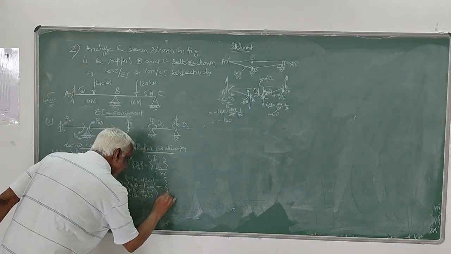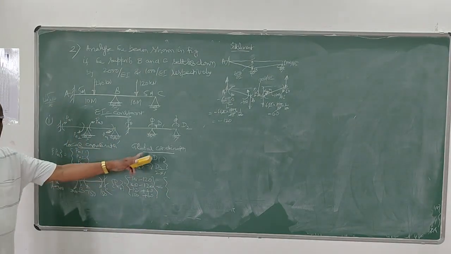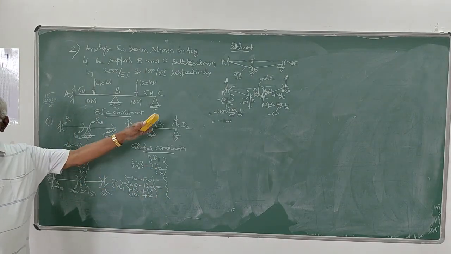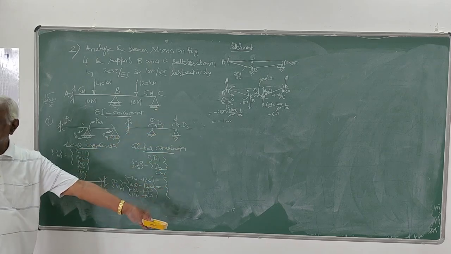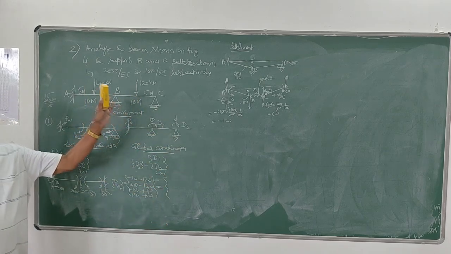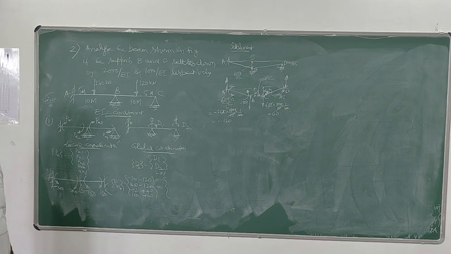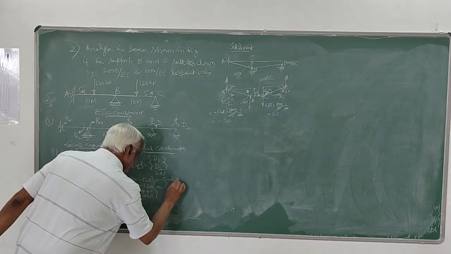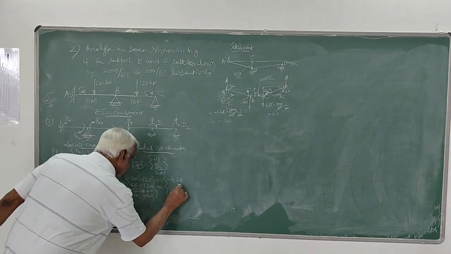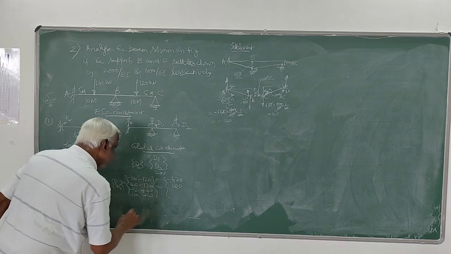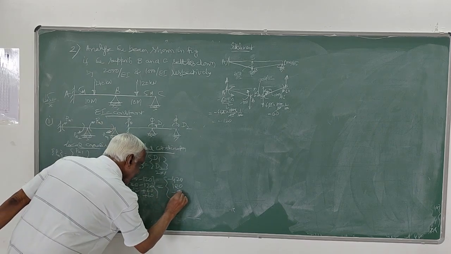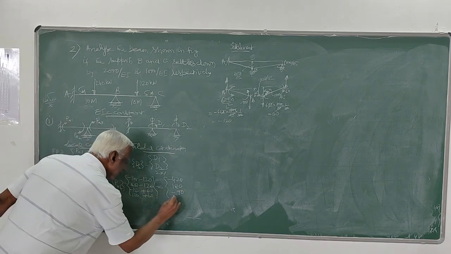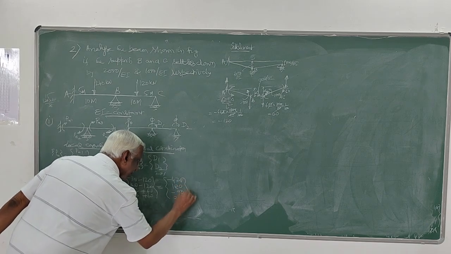So the net PMS, due to load, due to settlement, due to temperature change or any other shortening of members, all those things are to be worked out and added to only that PMS. So this is minus 420, this is 180, this is minus 90, this is 210.